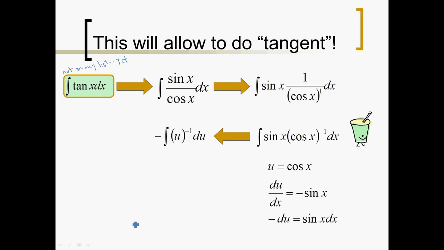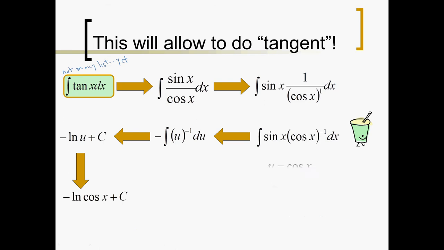Float that negative out to the outside. That's negative ln. Now I didn't use my absolute value signs, not yet, because I put cosine of x back. The reason I didn't put the absolute value signs on yet is because I wanted to take that -1 exponent and put it on the argument.